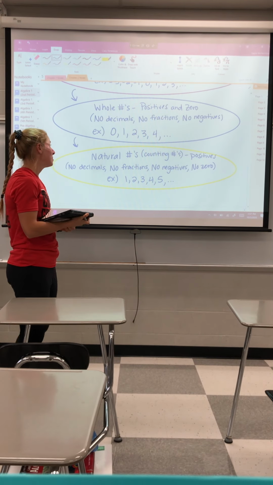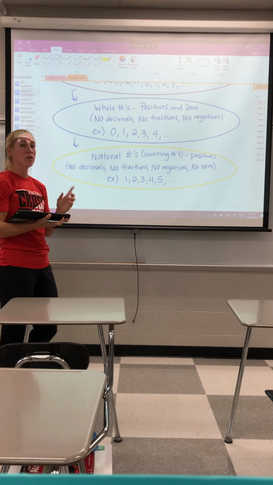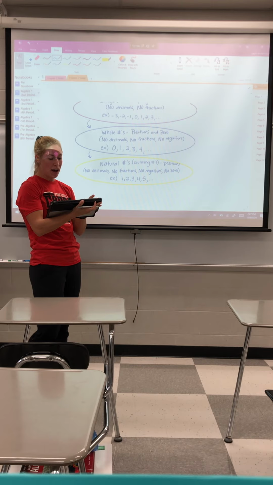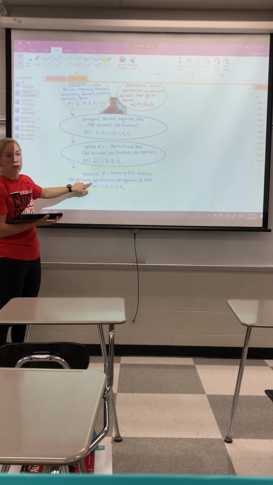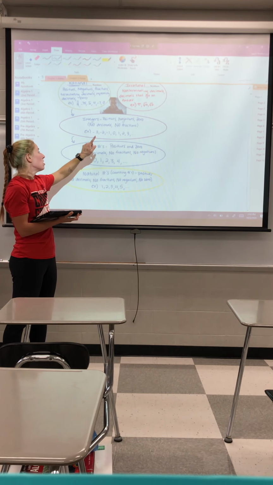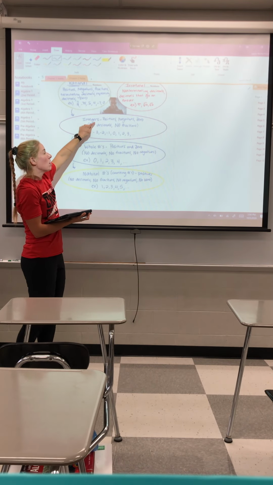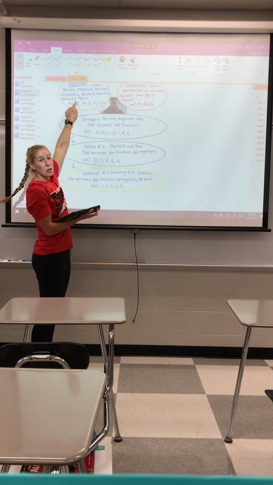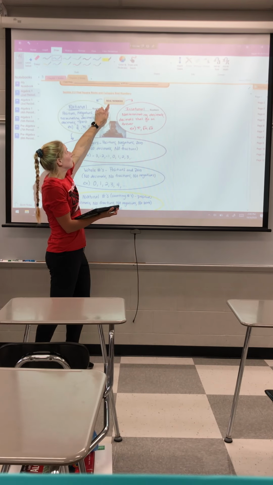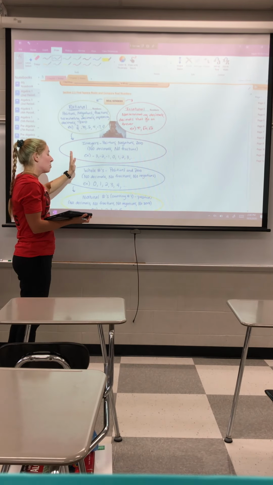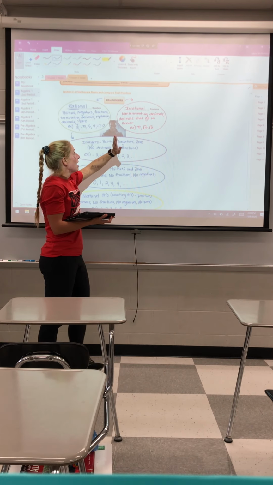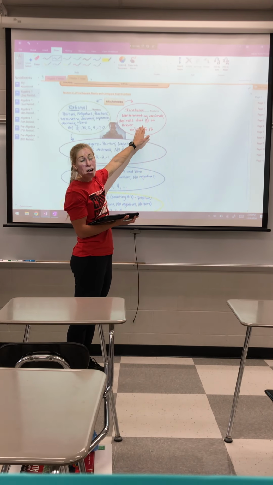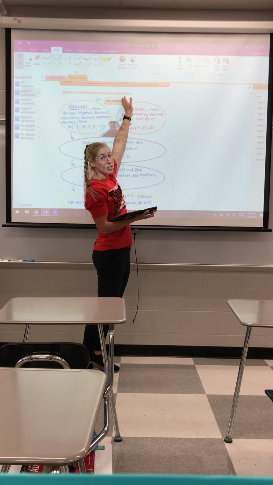There are your list of subset numbers. Basically, if I give you a number like 5, that is a natural number. 5 is also a whole number. It's also an integer, and it's also rational, and it's also real. So if you have a number later on in the flow chart, it's also everything above. Again, if you have an irrational number like pi, it's irrational and it's real.